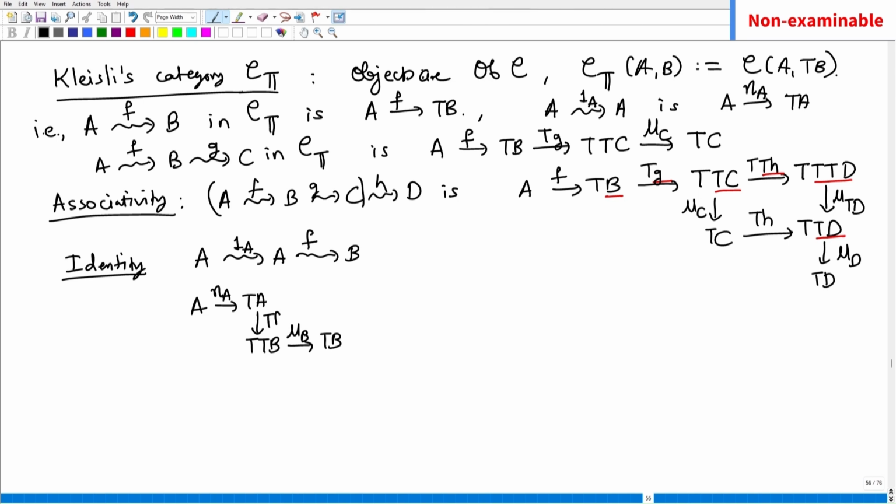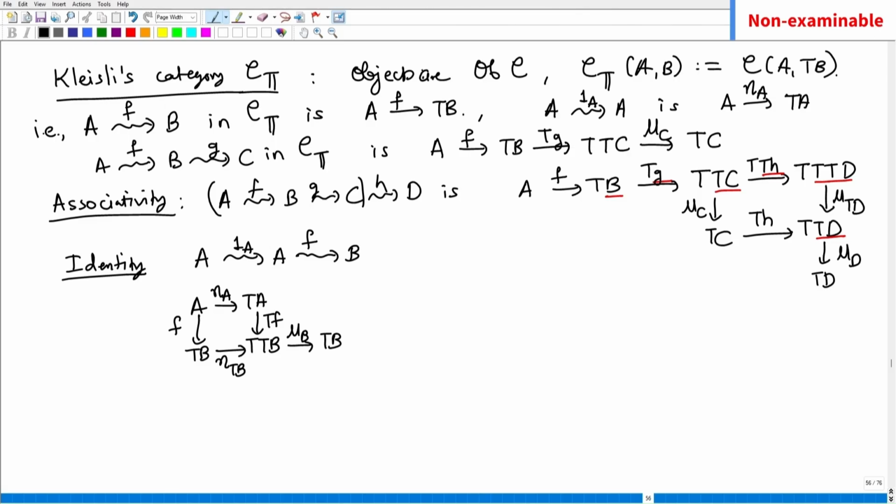This is TF, yeah? So here I can do F, and F I can do to TF, and then TB to TTB, what will I have? Eta sub TB. Now eta sub TB and mu B, they compose to give you the horizontal composition is just identity, thanks to which diagram?